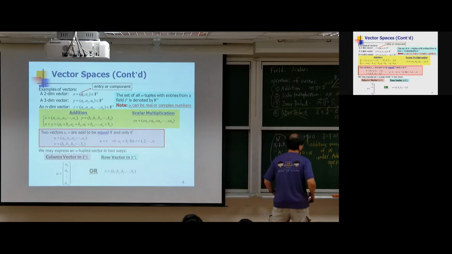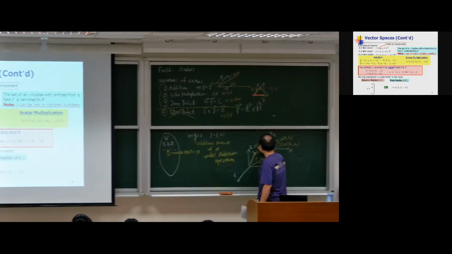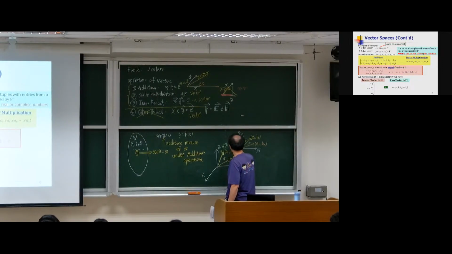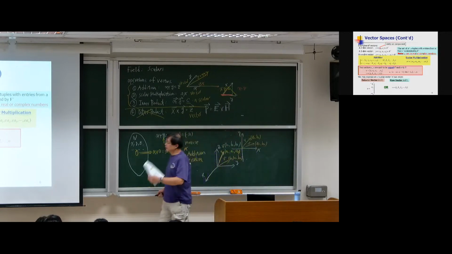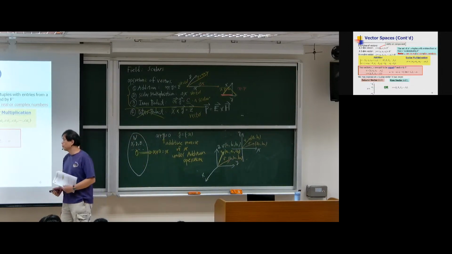Then I can have two identical vectors. Here, U and V have B1, B2, B3, the same coordinates. So these two vectors are identical.